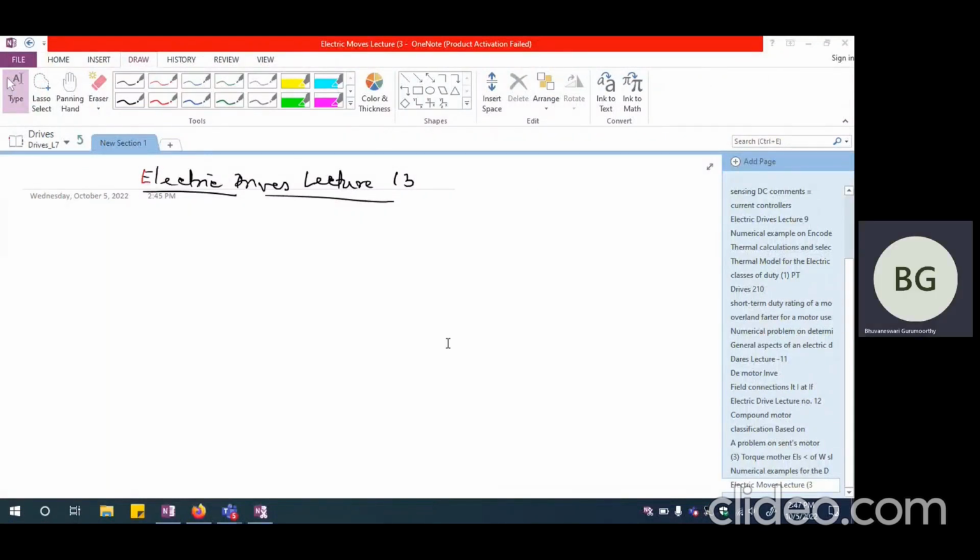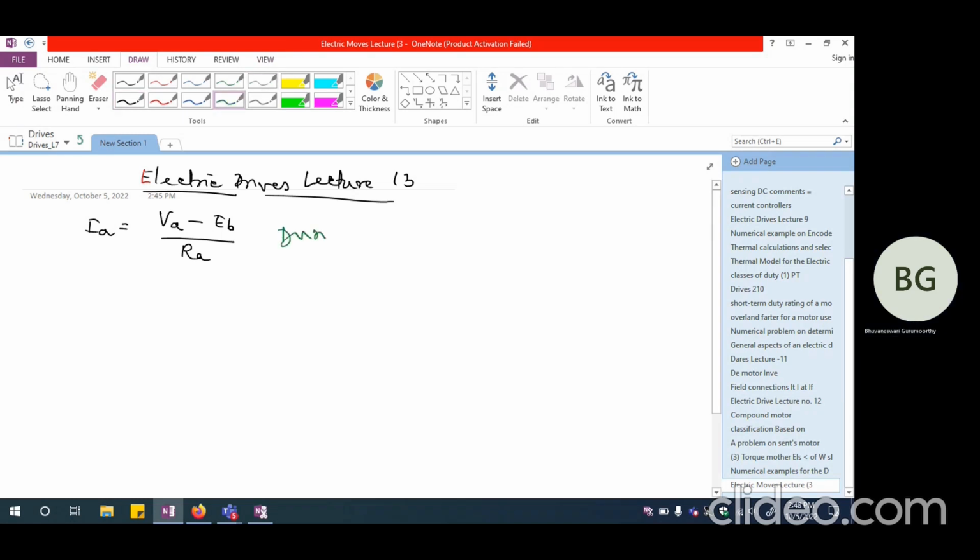When we look at the starting of a DC motor, if we are writing the expression for the armature current, we wrote it somewhat like this. VA is the applied armature voltage and EB is the back EMF. So VA minus EB divided by RA is going to be the armature current drawn by the DC motor. During starting, speed is going to be 0.